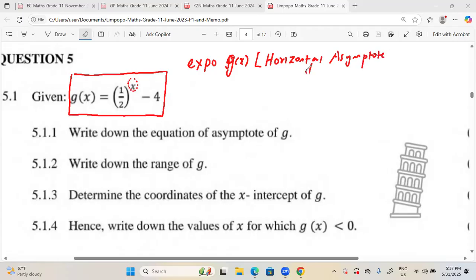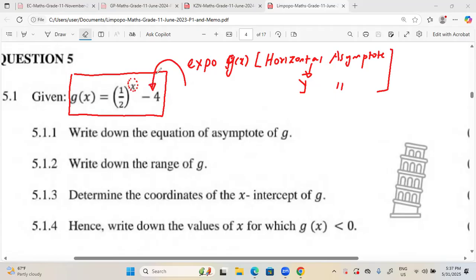Remember that the horizontal asymptote, we are referring to the y asymptote. So if we go to this function, g of x equals 1 over 2 to the exponent x minus 4, where is our horizontal asymptote there? This negative 4, this number at the end is our horizontal asymptote.